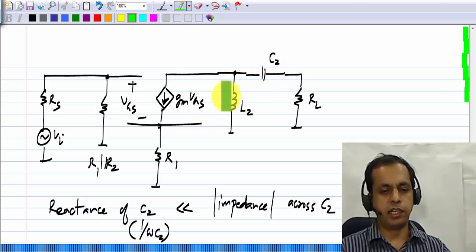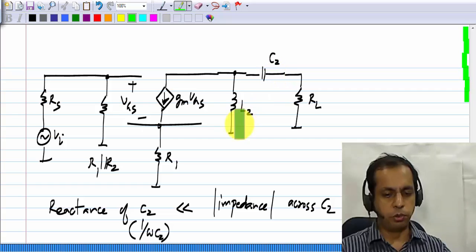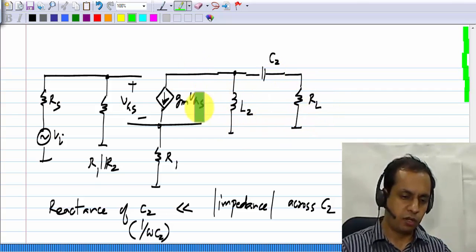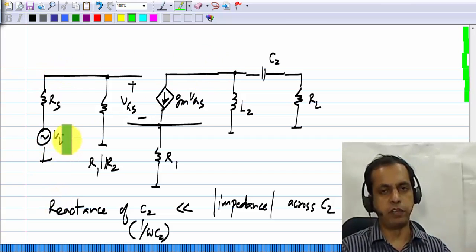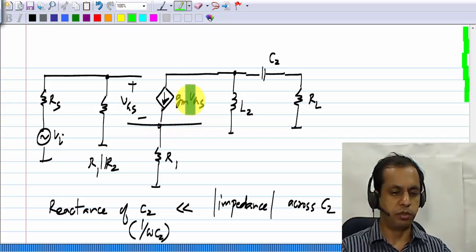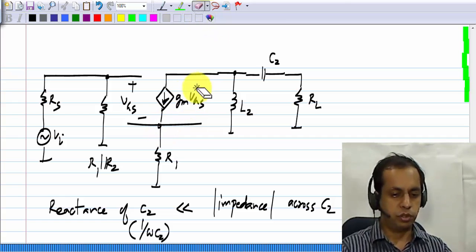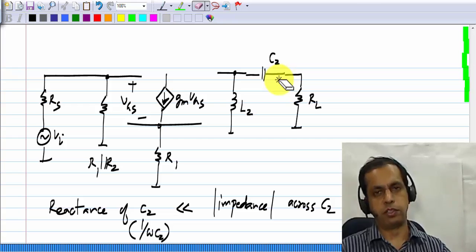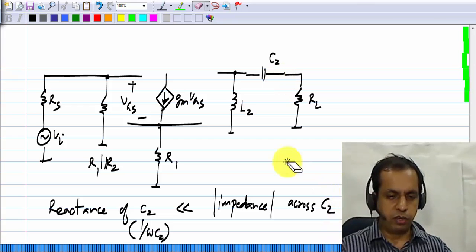In this case, I am generalizing it to impedance because across C2 you have L2 and a resistance RL. Now all of this part of the circuit drops out. If I deactivate Vi, if I set Vi to 0, this voltage becomes 0 and that voltage becomes 0. So Gm VGS becomes 0. So this goes away and this is all we have left. And we can evaluate this condition.